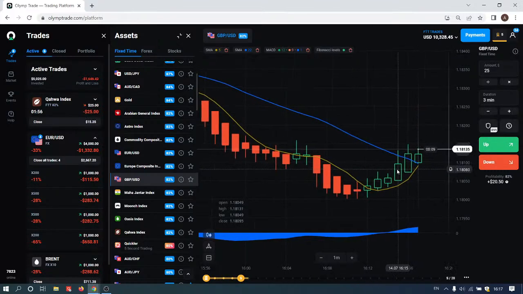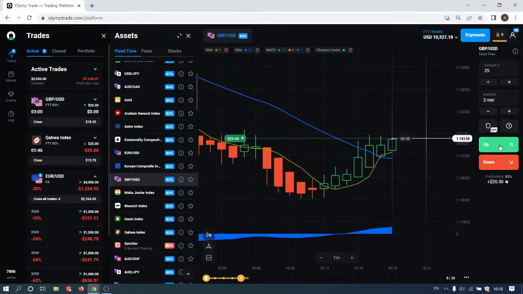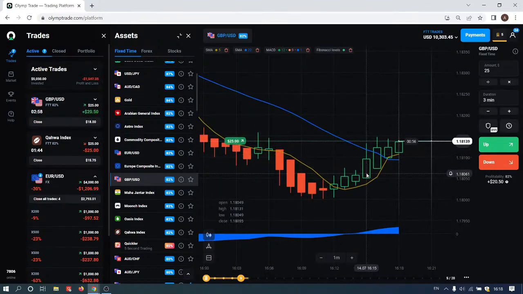Now we are going to have a very interesting situation here on the pound, the cable, the Great Britain pound against the US dollar, and we are going to have an up signal here. Nice. So red Heikin-Ashi candlesticks, the crossing is there, and the MACD area points in the upwards direction.